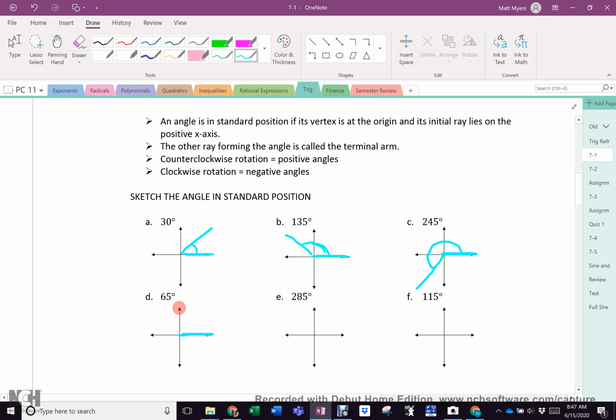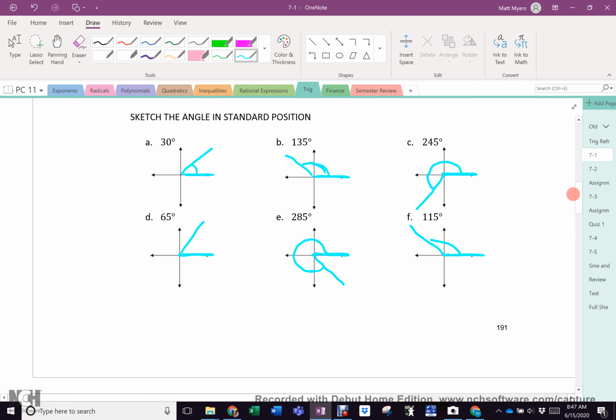Start at 0. Not going to even hit 90. 65. Start at 0. 90, 180, 270, 285, and 115, 90, and a little more. And that's how you do it. It's pretty simple.